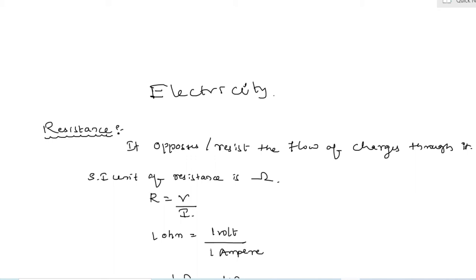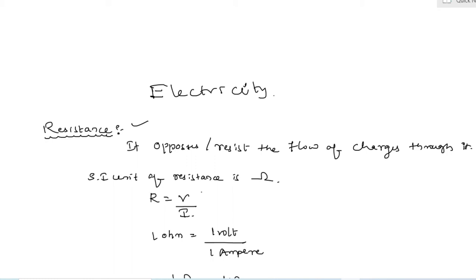Yes, my dear students, today let us see what is meant by resistance. Resistance is that property of a conductor by virtue of which it opposes or resists the flow of charges through it.